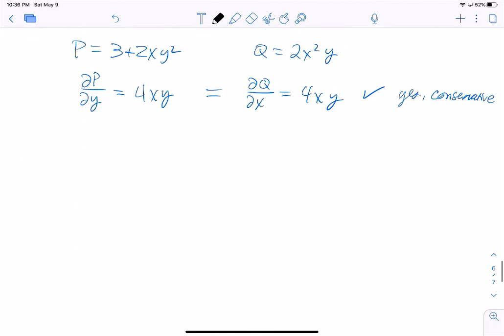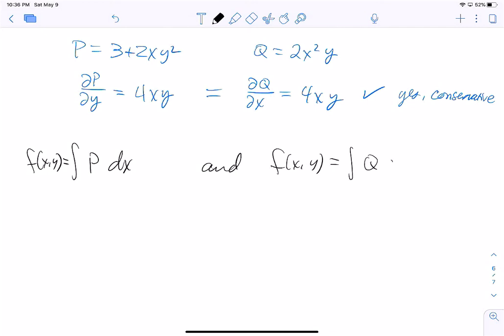So, since P is a partial with respect to x, it would follow that the potential function f of x, y is equal to the integral of P with respect to x. And f of x, y should be the integral of Q with respect to y. Let's start with the first statement.